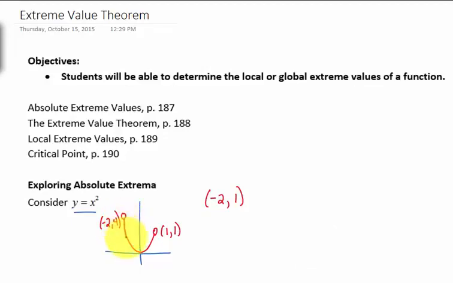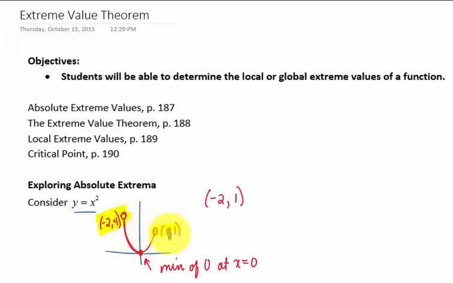So if you look at this, our minimum value occurs here at 0, 0, so we do have a minimum of 0 at x equals 0. We don't, however, have a maximum. Now, if we were looking for a global maximum, we would want the maximum value, which would possibly happen here. But because that interval is open, we don't have a maximum value because we could continue getting closer and closer and closer to the y value of 4, but never actually reach it. So we don't have a maximum here.